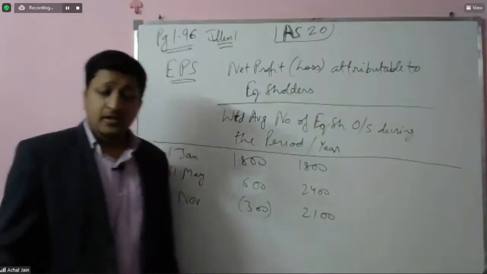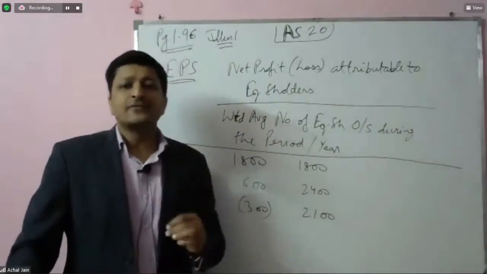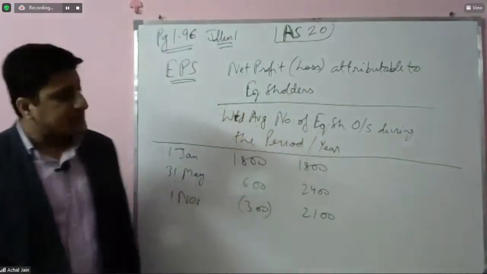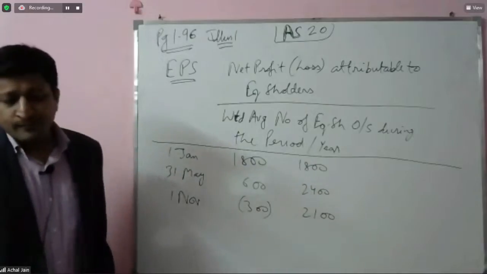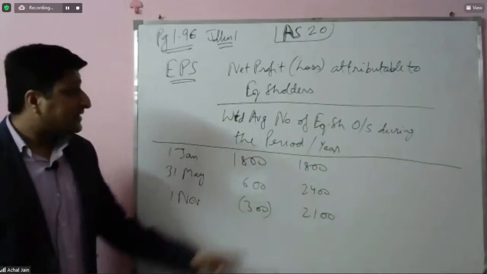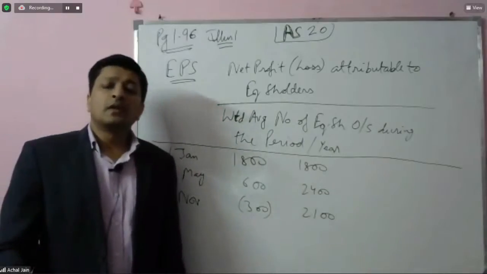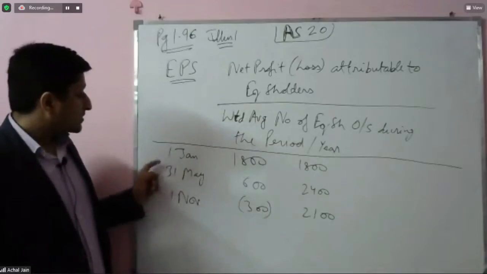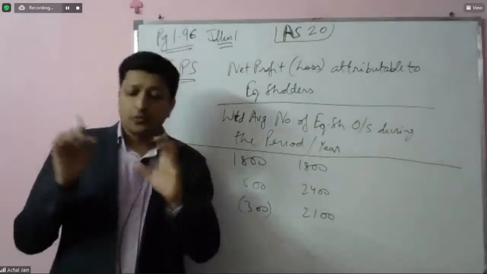Now, to compute the weighted average by putting the time weight, two methods are available. First, we can take these 1800 shares and assign them weight for 5 months, because there was no change in this number up to 5 months.